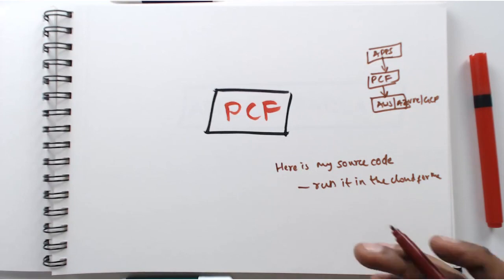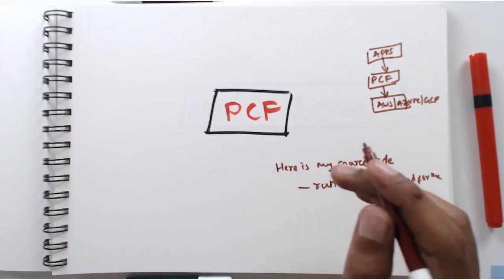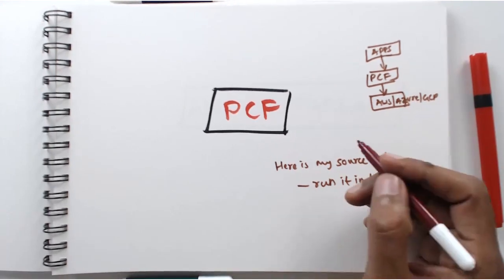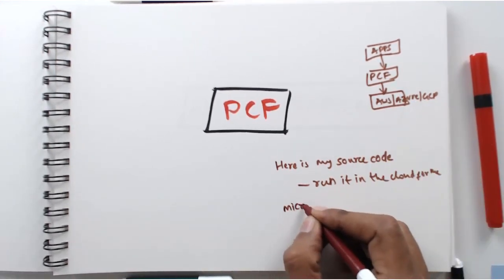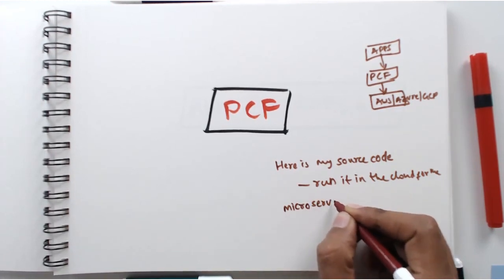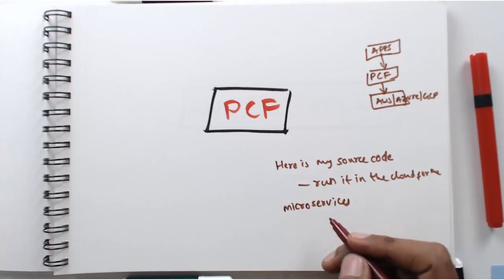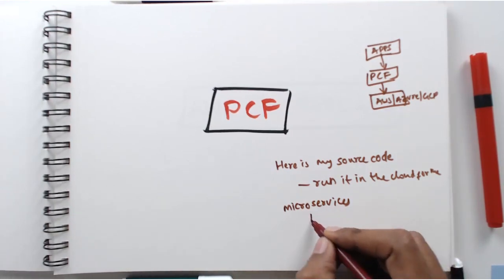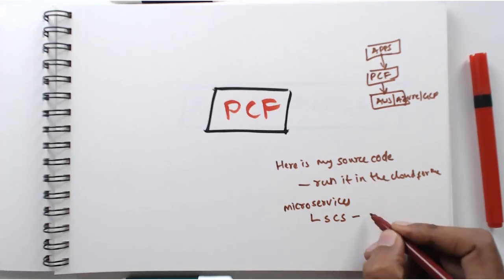And the great thing about PCF, as we talked earlier, is the fact that PCF supports both simple applications like web applications, full stack applications, containers, and it supports microservices. This is one of the unique things about PCF. It's one of the basic platform as a service offerings which supports microservices really well. It supports integration with Spring Cloud services like service registry.